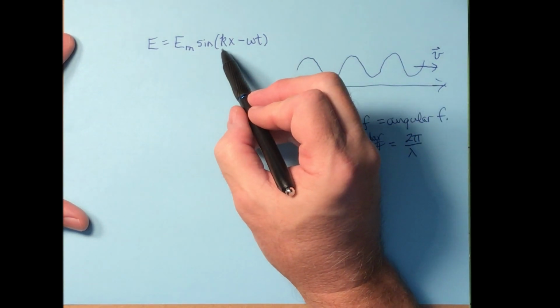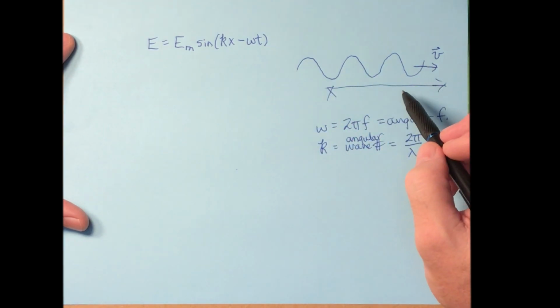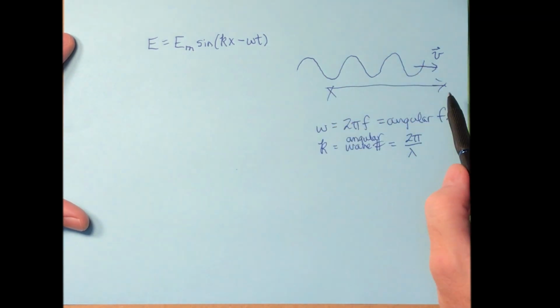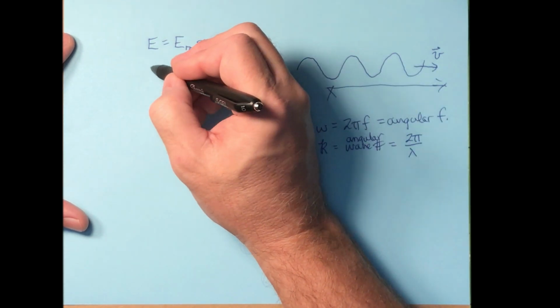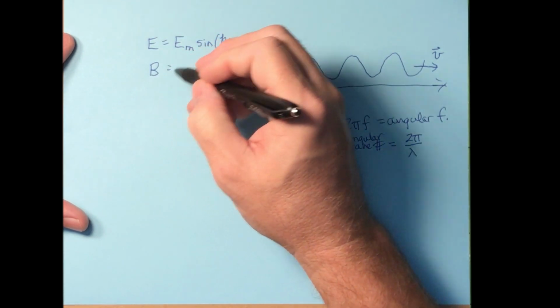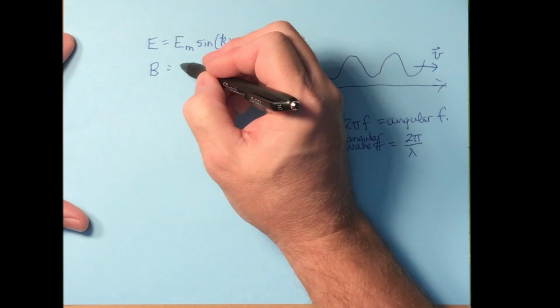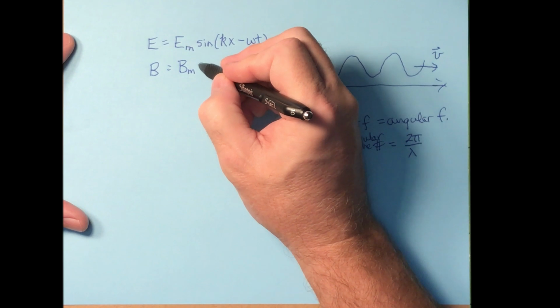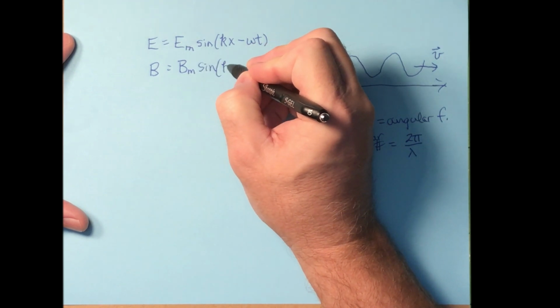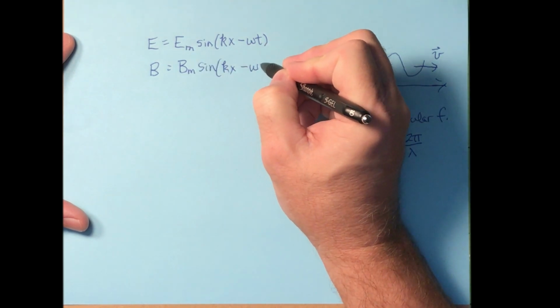Now that takes care of the fact that we have a wave that not only oscillates but also moves here. That's the form of the electric field equation. The magnetic field equation is going to look exactly the same way. It has some B sub m times the sine of kx minus omega t.